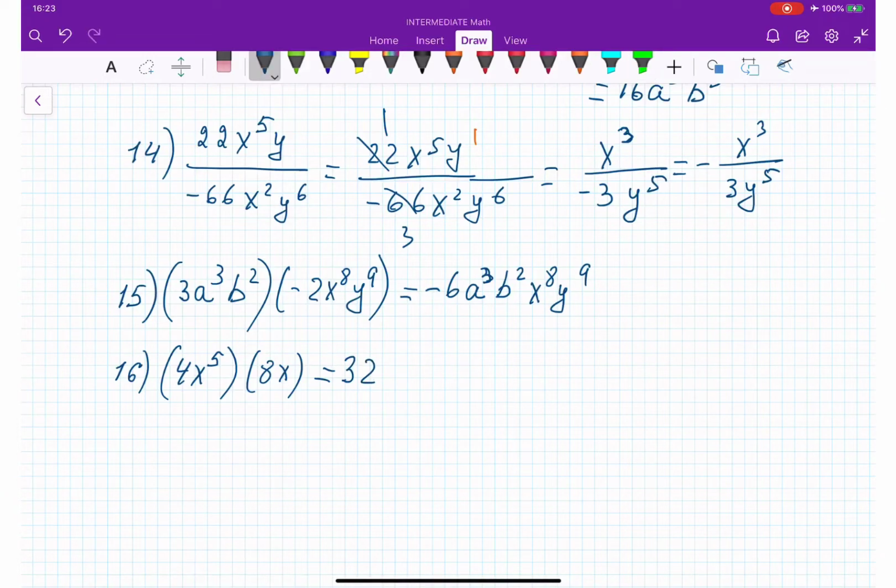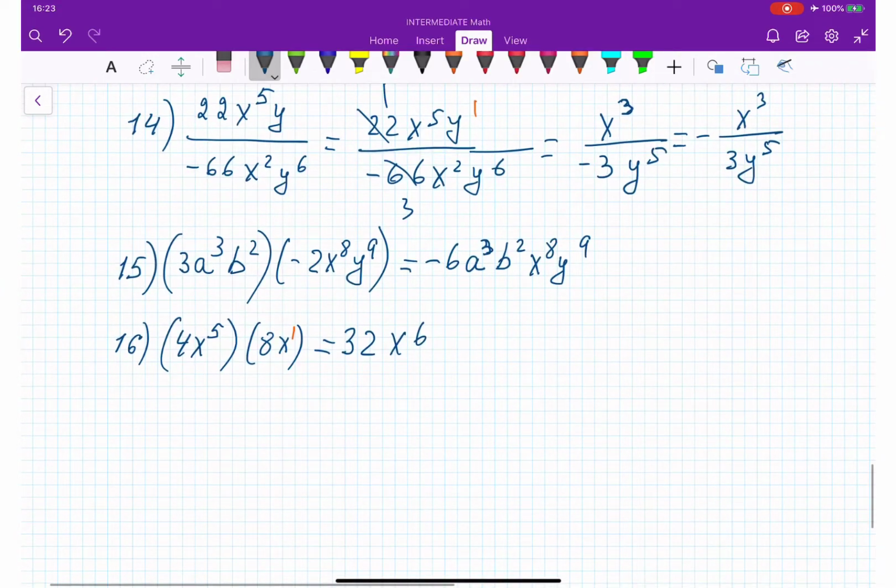And then x to 5 times x to 1, it's going to be x to 6. And we are done. 17. b to power 16 times b. It's going to be b to power 17, right? 16 plus 1, 17. Okay.